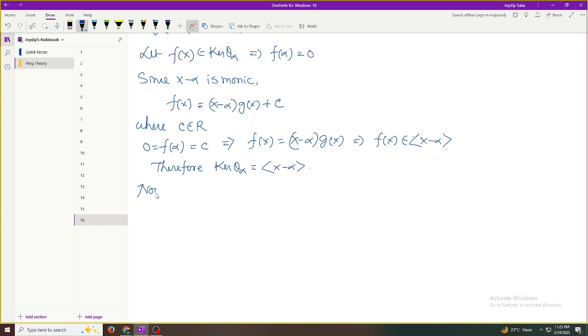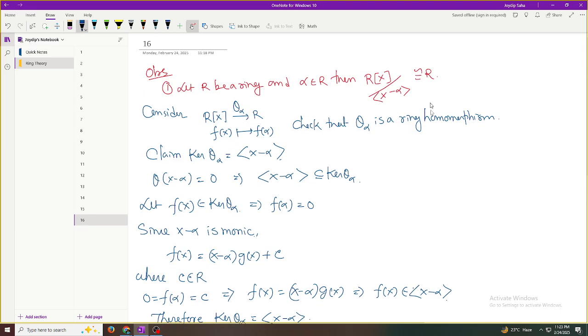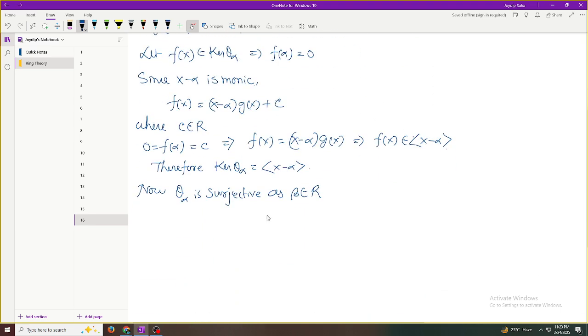Now theta alpha is surjective. Pick any element beta belongs to R. What is the codomain? The codomain is R. Consider the polynomial x minus alpha plus beta. What is this? Alpha minus alpha plus beta equals beta.